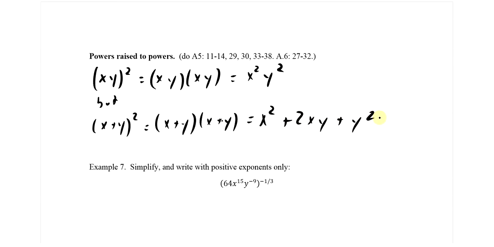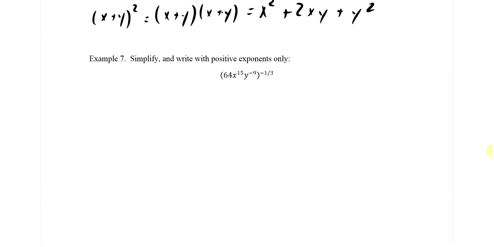So what's the upshot here? If you just have multiplication or division inside your parentheses, you can just distribute the exponent. So x squared, y squared, this times this. If you've got a plus or minus inside the parentheses, you can't. So these rules only deal with problems where everything is multiplied together.